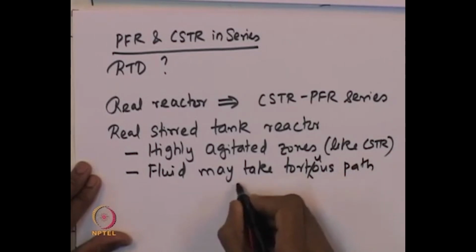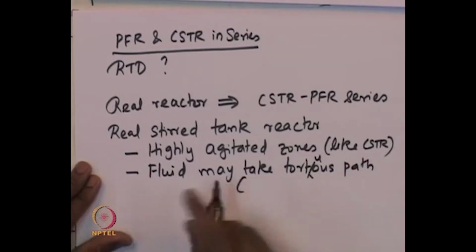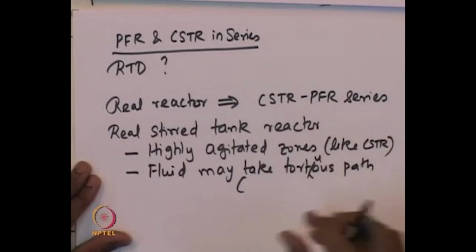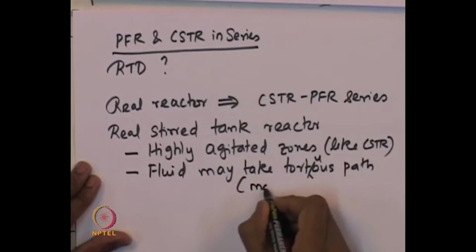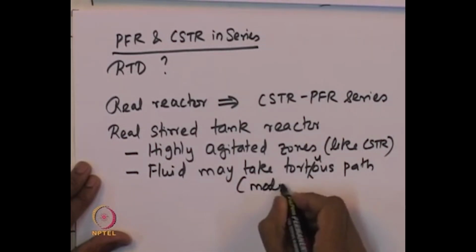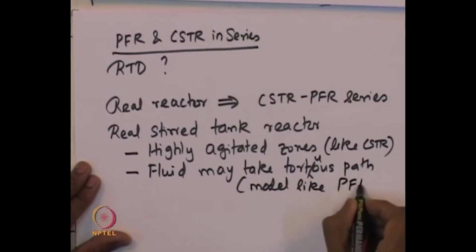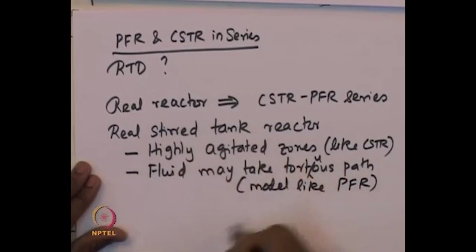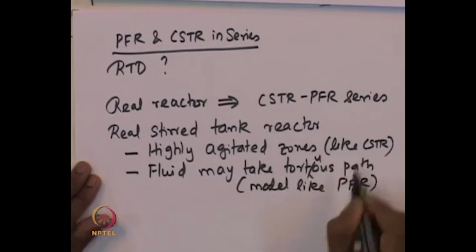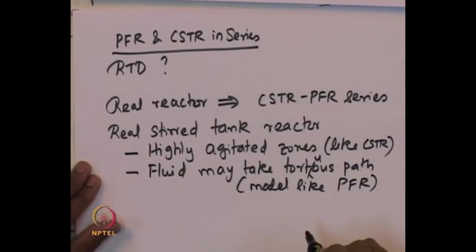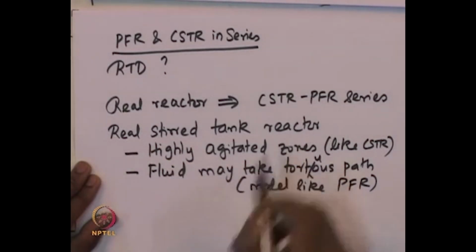That particular fluid stream which takes such a tortuous path can be modeled like a plug flow reactor, modeled like a PFR. So, in this kind of situation, one can use a combination of CSTR and plug flow reactor in order to model the real reactor.